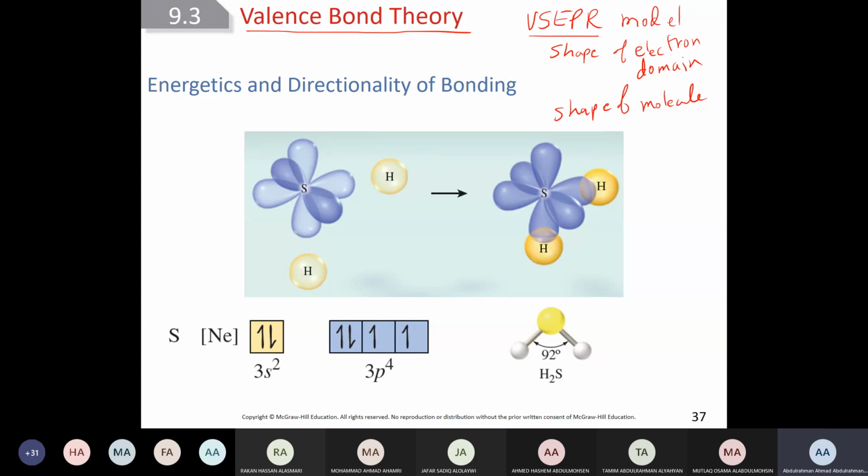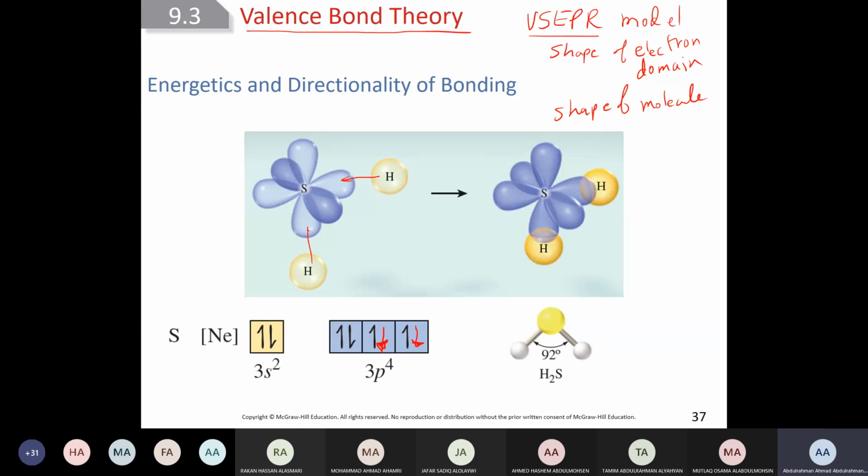Valence bond theory says that the rooms are, if they are filled with electrons, unpaired electrons like this, then when the bond takes place, when the hydrogen comes to the P, the electron of the hydrogen will come and be shared like this, and we will make the bond by sharing the electrons in the room.